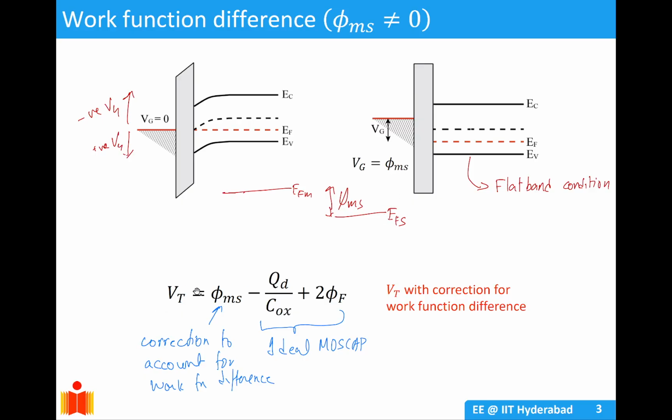And last week we had studied the formula for Vt, which was Qd by Cox plus 2 phi f. Now this phi ms value will add to this Vt to correct for this Fermi level difference, the work function difference.